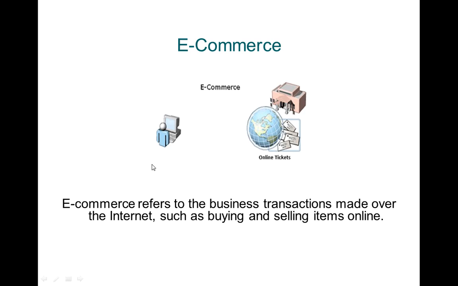So this is e-commerce. You are sitting at your home, you can send the document, you can buy the product, you can sell the product, old furniture, old goods. This is your home, this is your online tickets. This says e-commerce refers to the business transactions made over the internet, such as buying and selling items online.